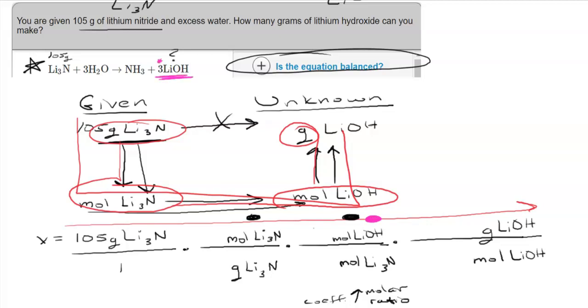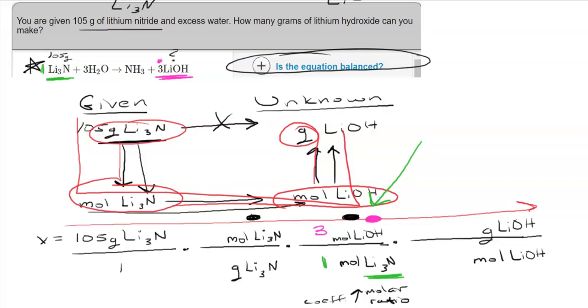So I just put a 3 here. And then if I go look for Li3N, which is lithium nitride in the equation, that's right there, and there's actually a 1 in front of it. It's just not written. So I would put a 1 here. This middle conversion factor is the easiest to fill in with numbers because you just use the coefficients from the balanced chemical equation.